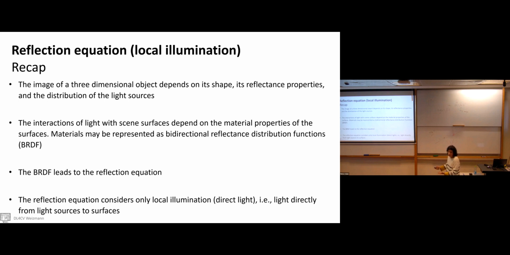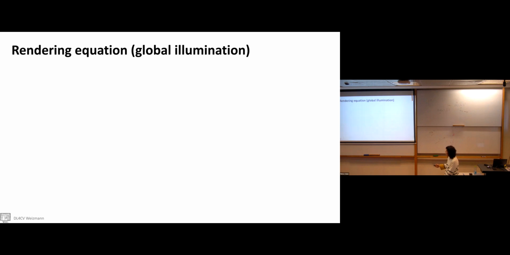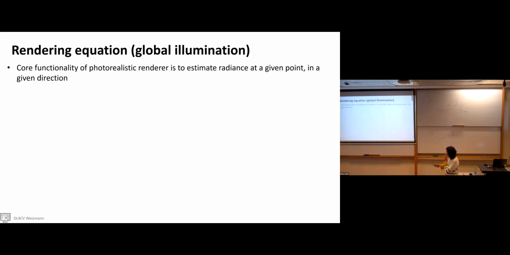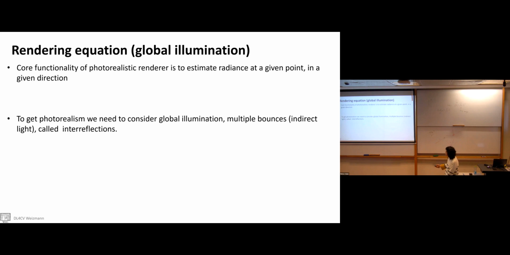However, we know that it's not good enough, okay? Because we need to take into account the whole environment of the lights, like what we saw in the beginning of this hour. And how are we going to do it? We are going to move from the reflection equation to the rendering equation, which takes into account all the environment of the lights at any point in the scene to get photorealism.